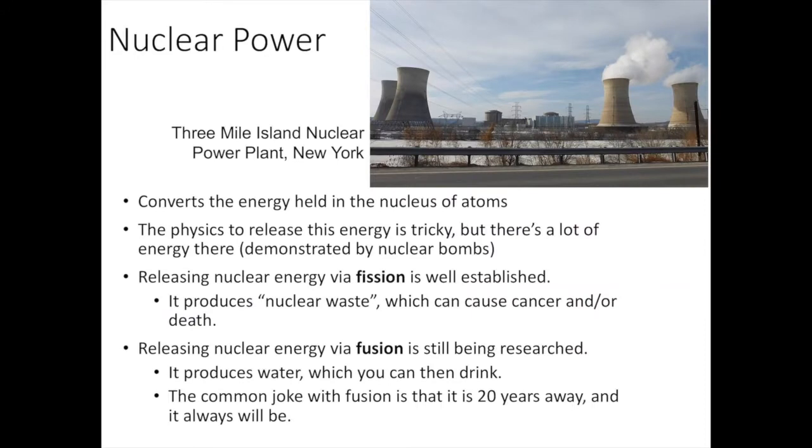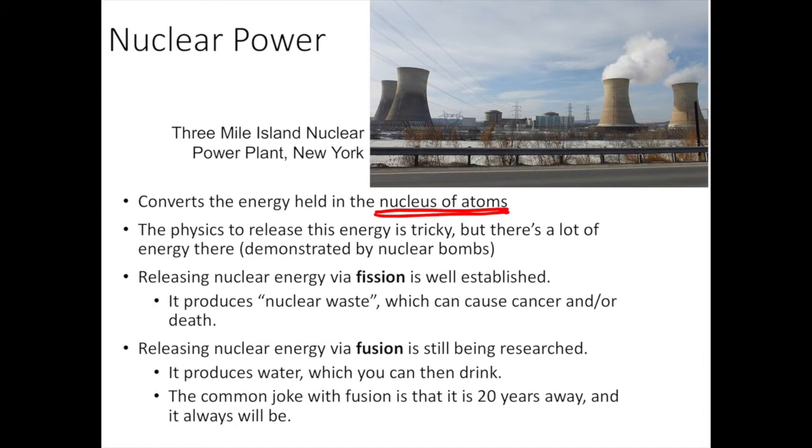All right, so what's going on with nuclear? What is nuclear? Okay, nuclear power converts energy held in the nucleus of atoms. So this is specific atomic energy. In the nucleus of atoms, there are the neutrons and the protons and how they interact.